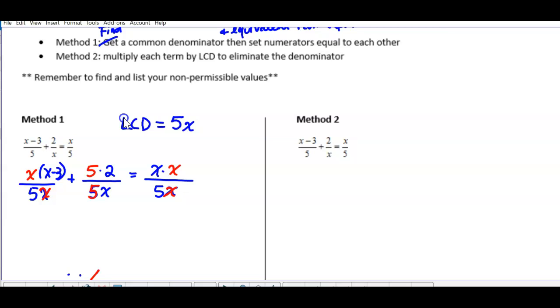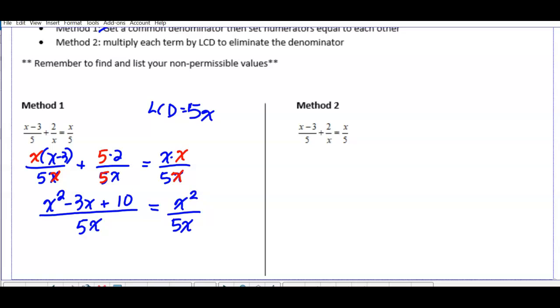Okay, and then you can show basically with the same single denominator on the left, you can show it as one fraction. Okay. You're not going to reduce anything. In this method, you want the denominators to all be the same.